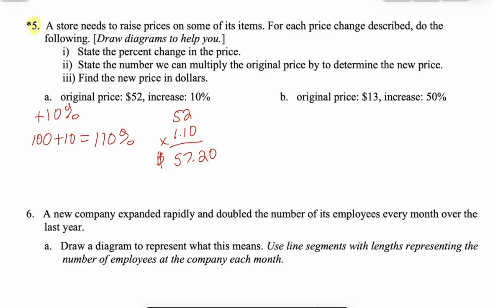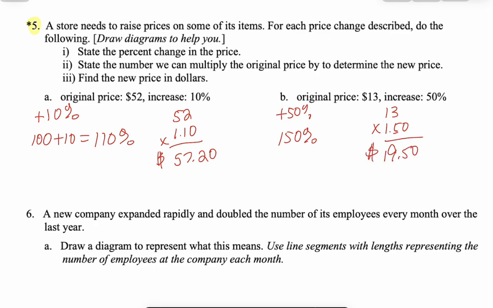Now, for B, we're increasing by 50%. So that increase of 50% means that we're going to use 150%. So do 13 times 1.50, and 13 times 1.50 is 19.50.